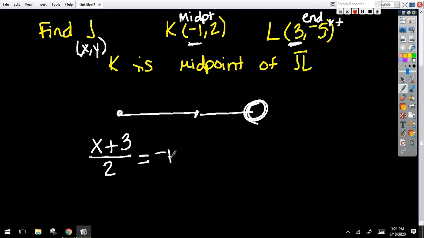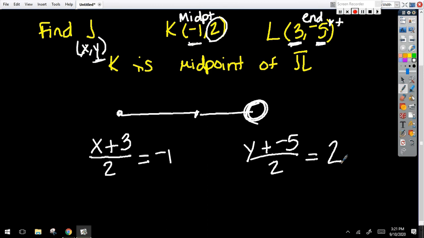And now I can go through and solve each one of these. So here to solve, I'm going to multiply by 2. And so I have x plus 3 equals negative 2. Subtract 3. So x is negative 5. And then over here, same process, I'm going to multiply by 2. So y plus negative 5 is 4.